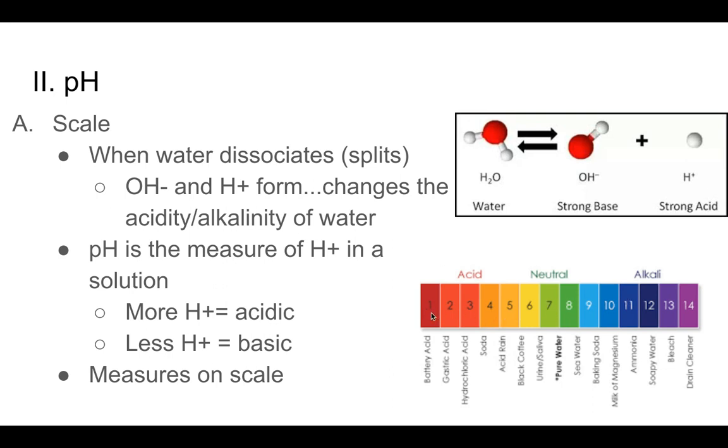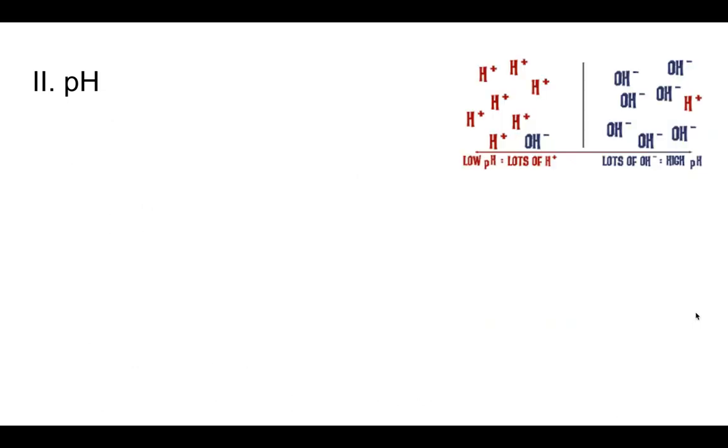The low numbers, or I should say the small numbers, 1, 2, 3, 4, are acidic, and the large numbers are your base range. And so this is a spectrum. So from neutral, working your way out, the further towards one you get, the more acidic the solution becomes, and the further out towards 14 you get, the more basic or alkaline the solution becomes.